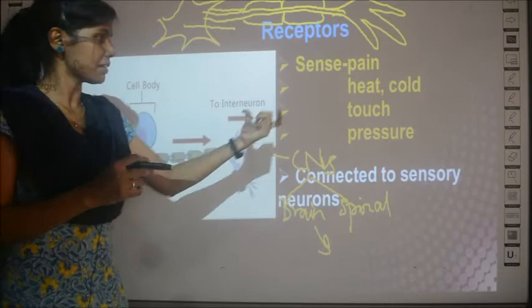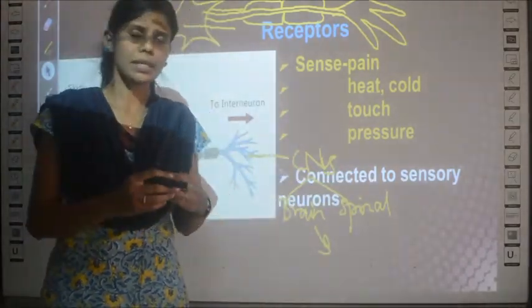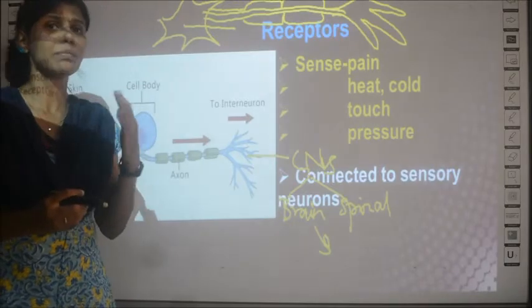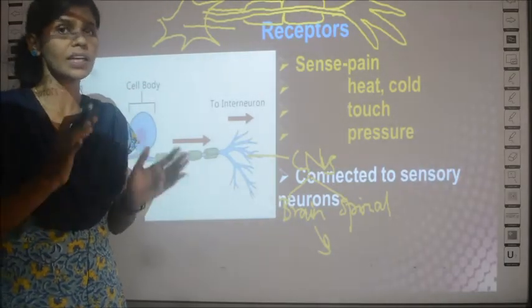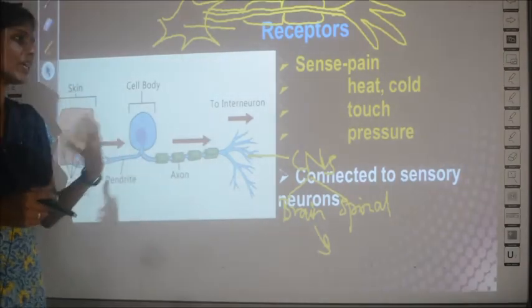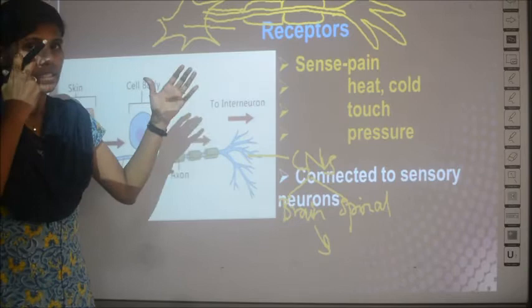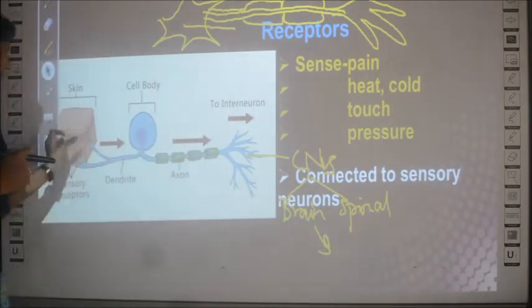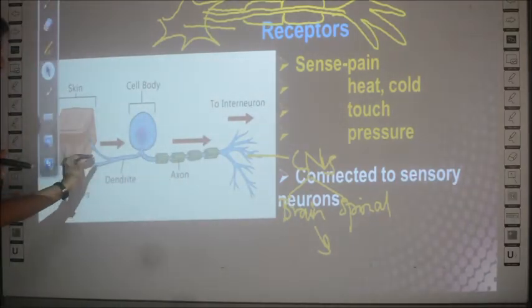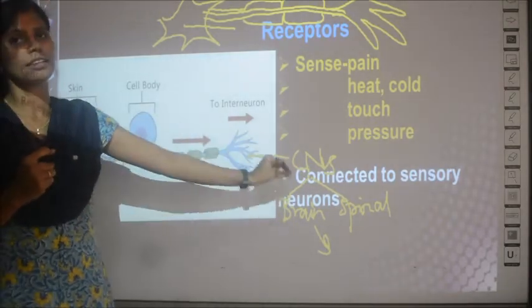So every receptor is connected to a sensory neuron. Not only in the case of skin, for every sense organ, the receptors are connected to sensory neurons, and the sensory neurons are connected to the brain. This is the same in all the sense organs. So what we have studied in this slide is that your skin has receptors, and the receptors are directly connected to the sensory neurons, and the sensory neurons are connected to the brain.